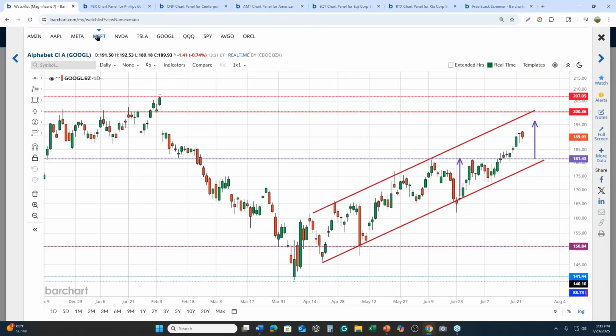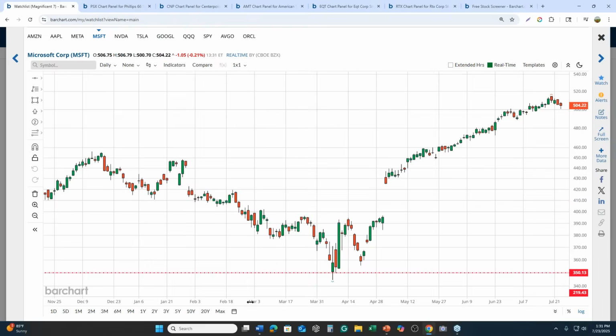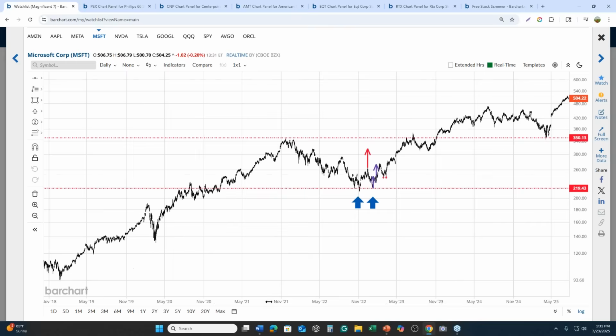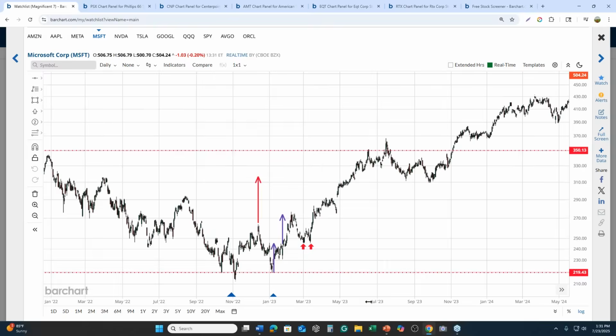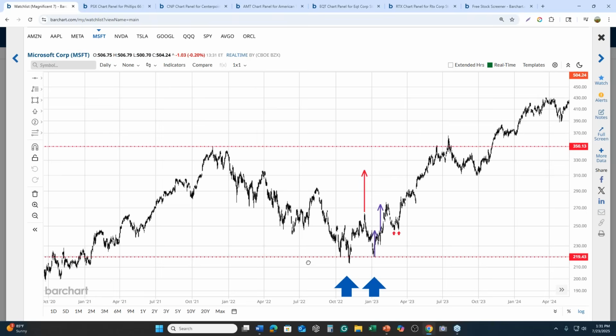So let's go to, remember in the opening segment, we looked at Microsoft and I showed you that double bottom, okay? And what do we see here? Again, what is Murphy telling us? That patterns are really this ideal reflection of the psychology of markets between levels of support and resistance.